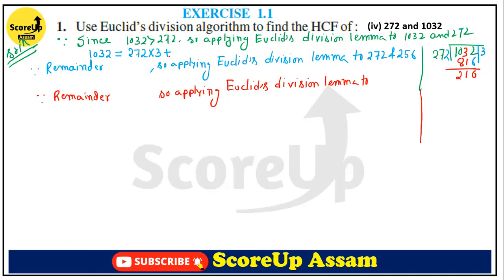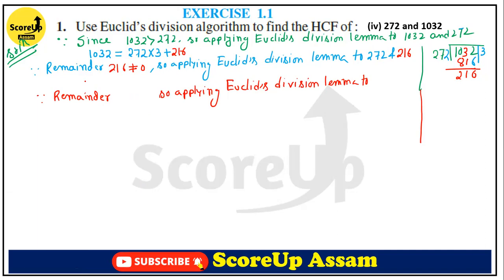Now 216 plus 216. So remainder 216 is not equal to 0. So applying Euclid's division lemma to 272 and 216.